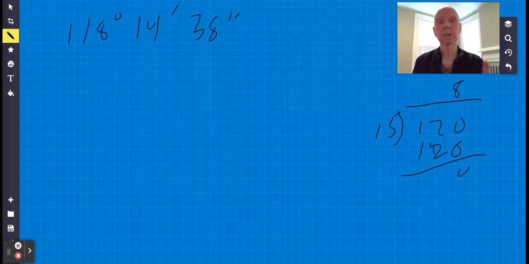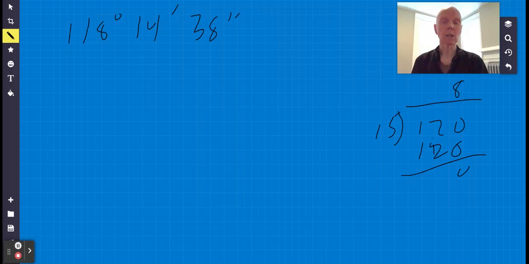We can't use the 8 hours because that'll get us back to the time zone of 120 degrees. We don't want 120 degrees. We want 118 degrees, 14 minutes and 38 seconds. We want that to be our sidereal time. I can't explain it well, it's really hard for my brain to wrap itself around, but that's what we want.